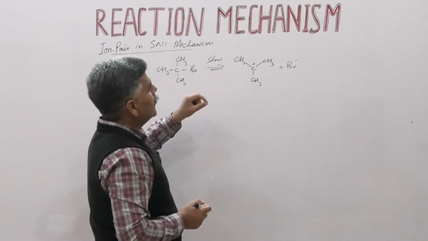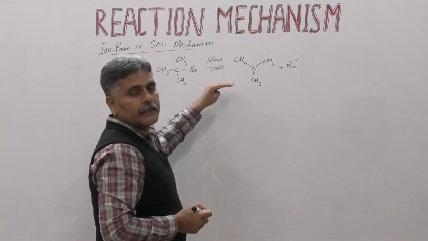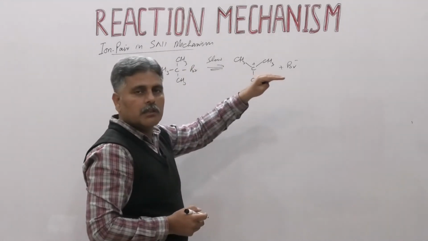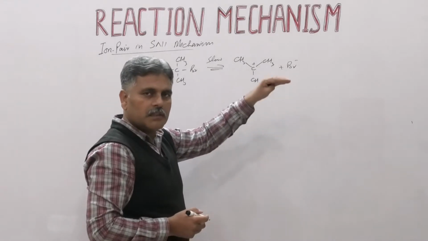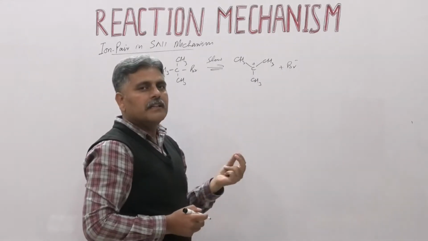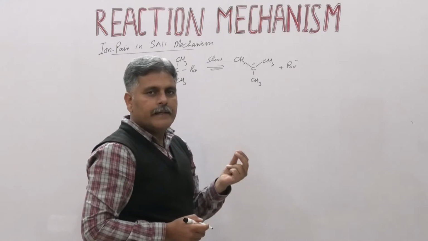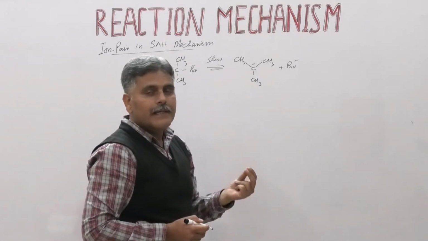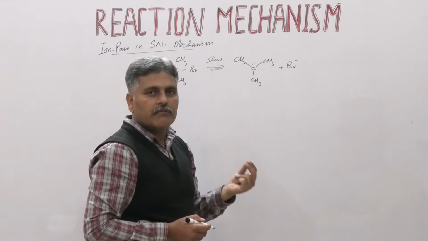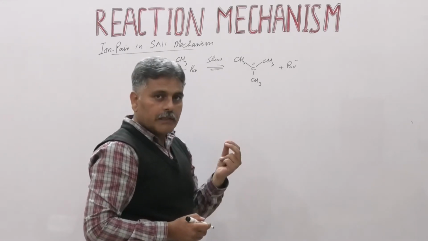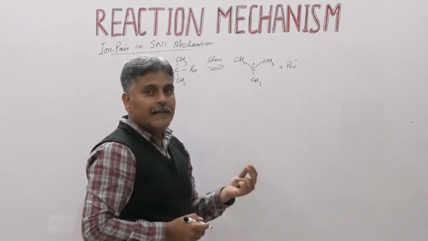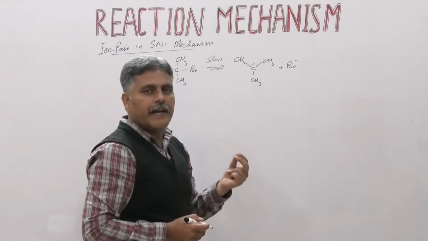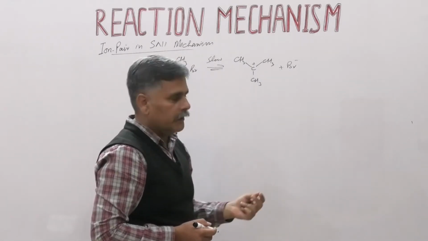So when the nucleophile attacks from either side, we get either the dextrorotatory product or the levorotatory product, and if dextrorotatory and levorotatory enantiomers are formed in equal amount, then this reaction is referred to as racemization, because the product contains equal amounts of dextro and levorotatory enantiomers.